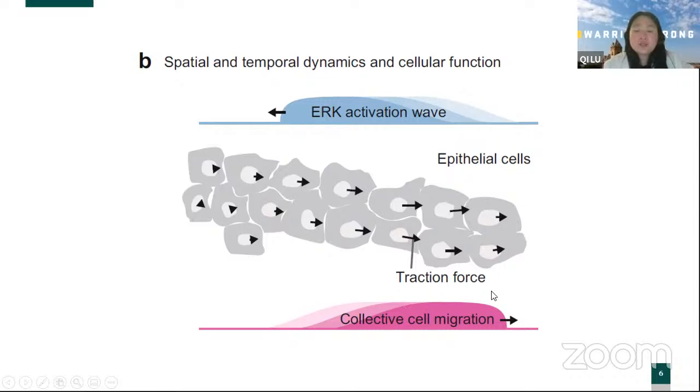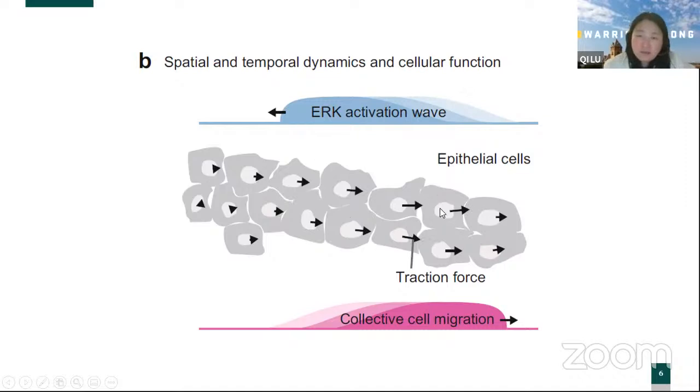But there's an attraction force that makes these cells migrate from this direction. For example, there's a signal that activates the ERK here. Firstly, of course, these cells will activate the ERK and start migration, and then next, these cells.